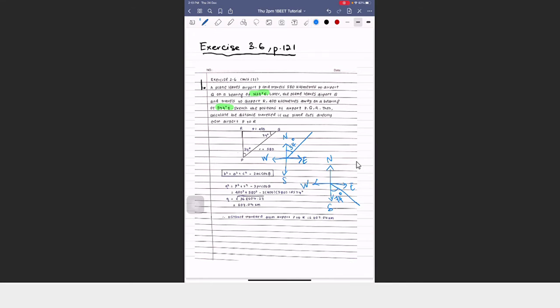Then when you read the question carefully, you start from airport P and travel 580 kilometers to airport Q on a bearing of north 34 degrees east. So this is the one, north 34 degrees east, which means this is your P. P is here.